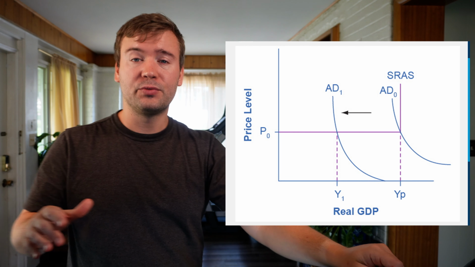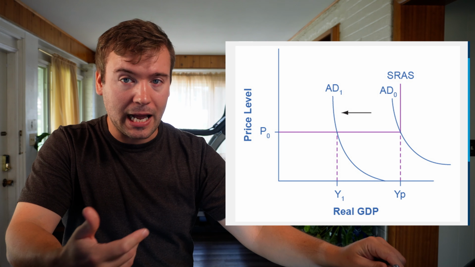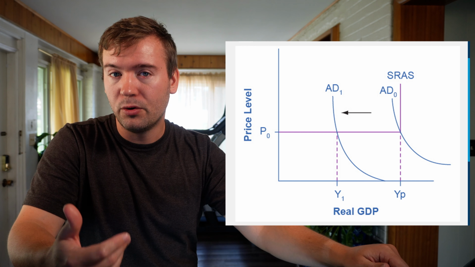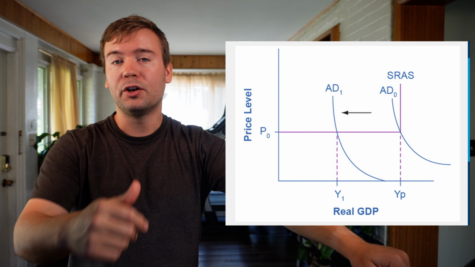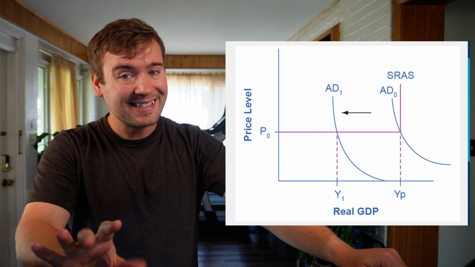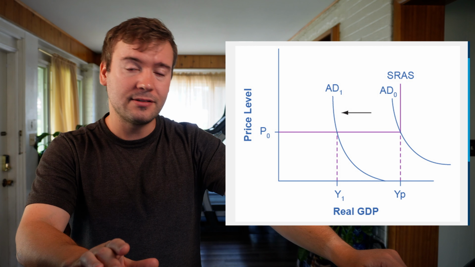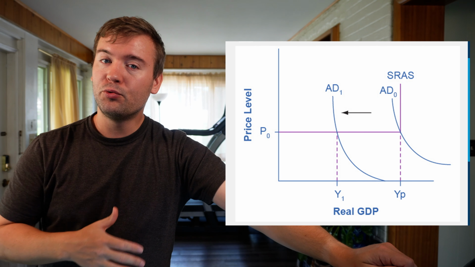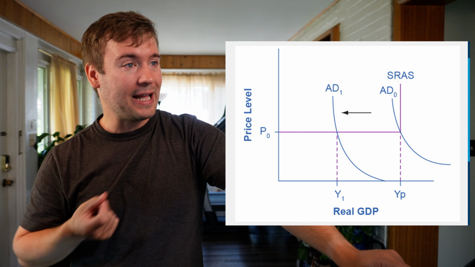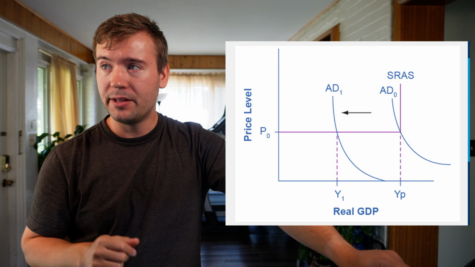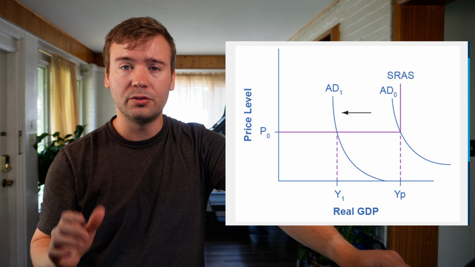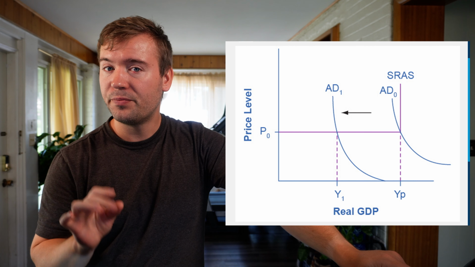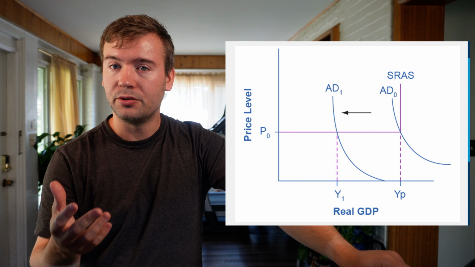So think of it this way. If there's a lot of idle capacity and unemployed workers, businesses can increase production without necessarily needing to raise prices or wages. However, once the economy reaches toward potential output, the line YP there, the right bottom vertical line, the SRAS curve becomes vertical.